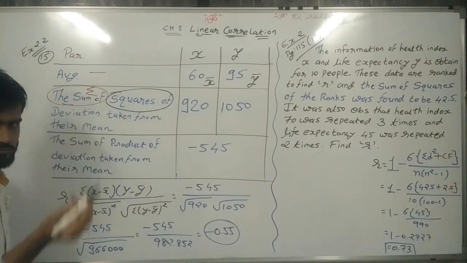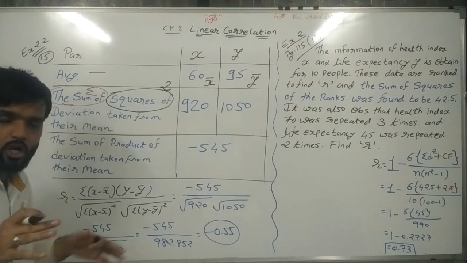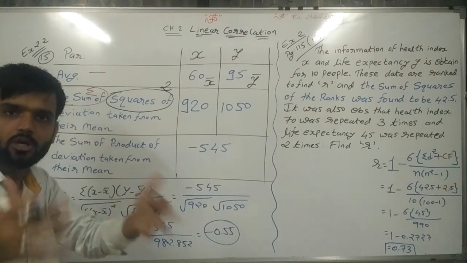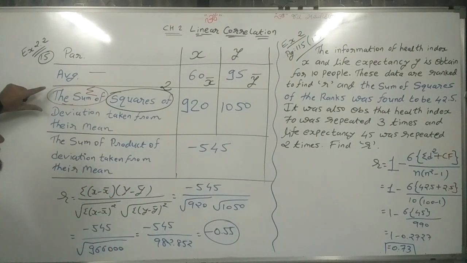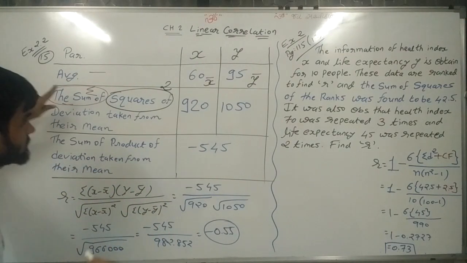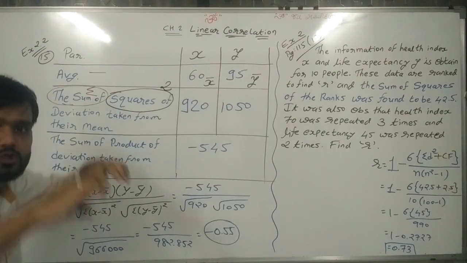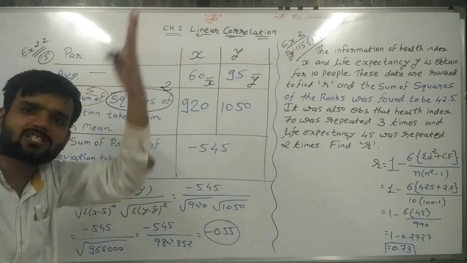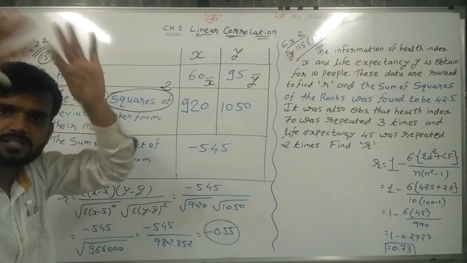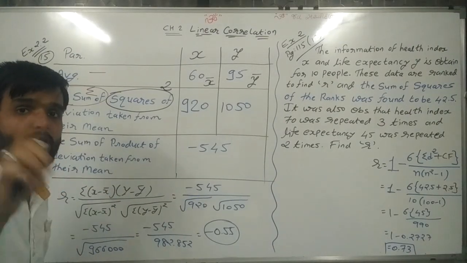Now all of you know square means square. Square of what? So try to understand the question, please. First, the sum of. Sum means sigma. Square of. Square means square: 5 square, 10 square, x square, y square, x minus y square, x plus y square, whatever. Square of, but square of what?